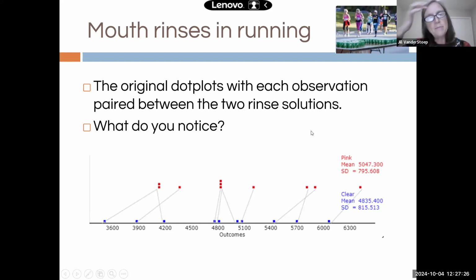We are going to go to the applet to do the analysis in just a second here, but I'd like you to take a look at this screenshot of the applet. I always show this to my students, and I ask them, what do you see in this picture? And so I want you to go to your chat and tell me what you see in this picture.